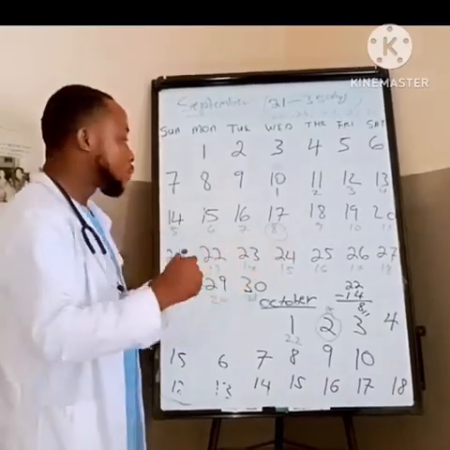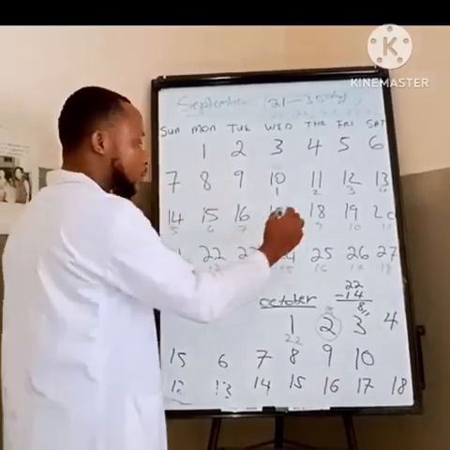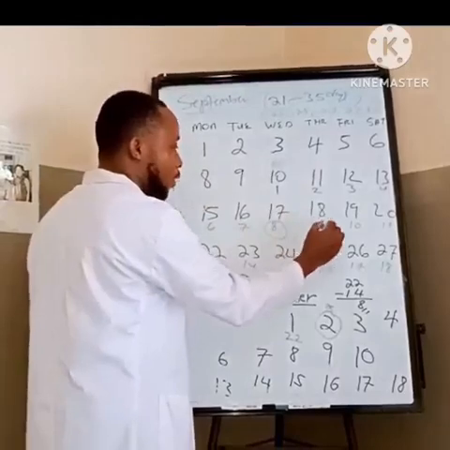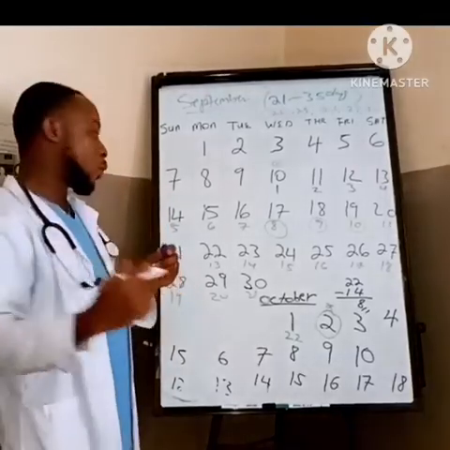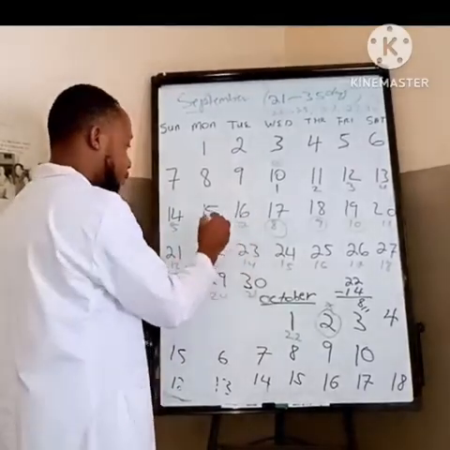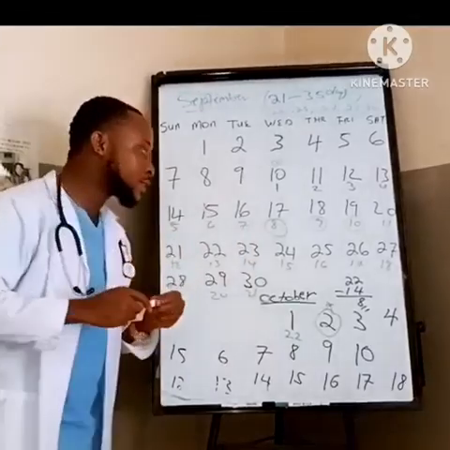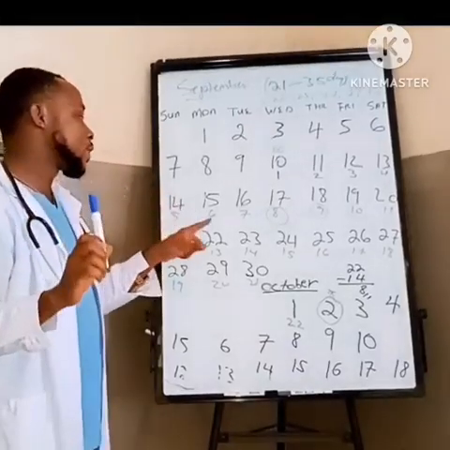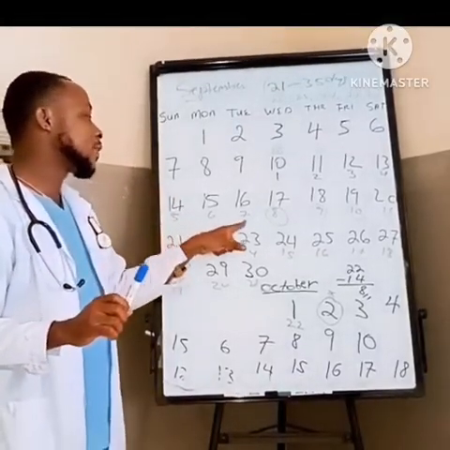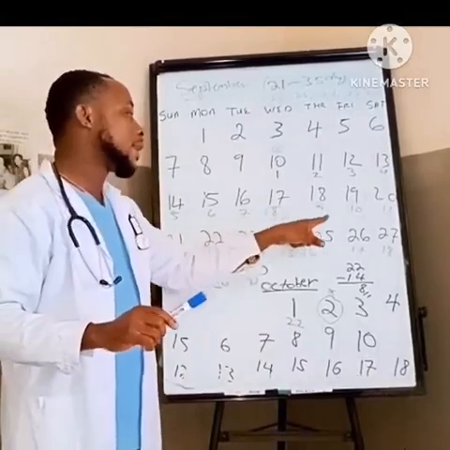So add to this 4, which is day number 9 and 10, and add to this backward. So that means her fertile window is considered from the 6, the 7, the 8, 9, and 10.